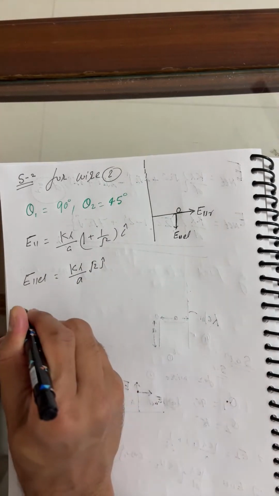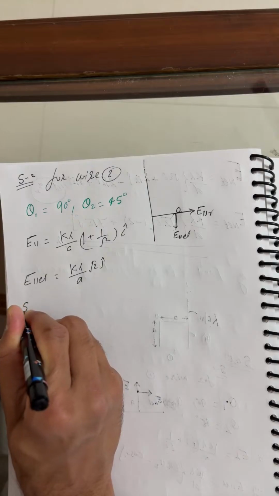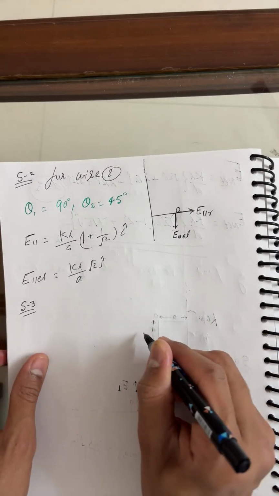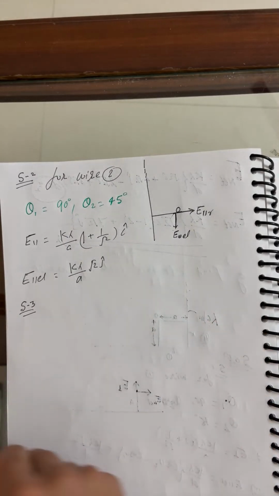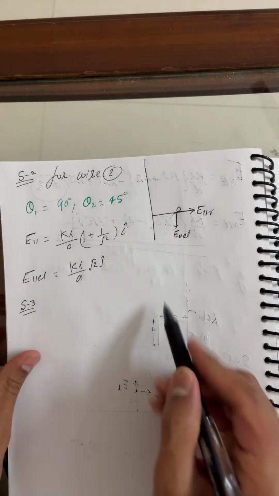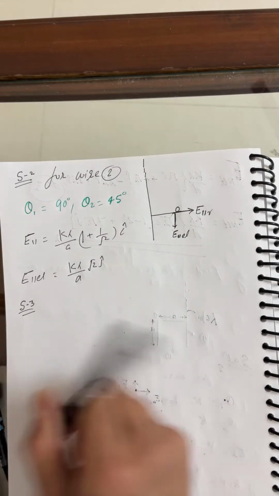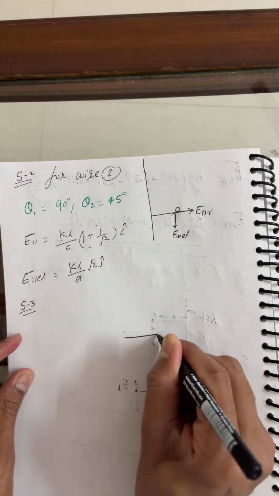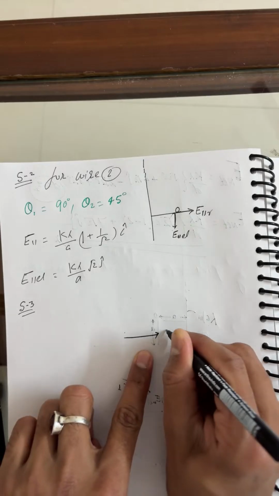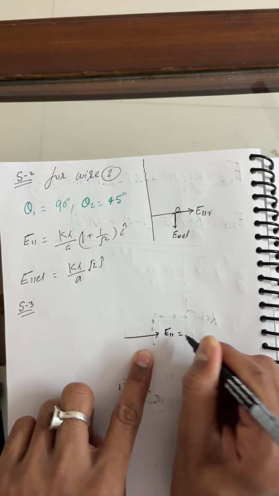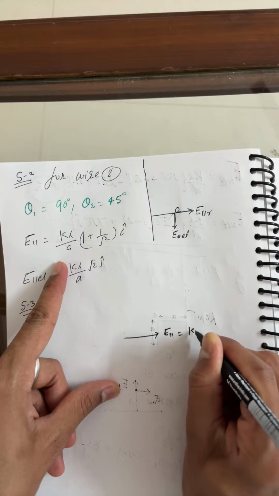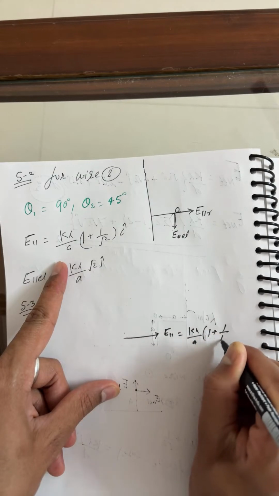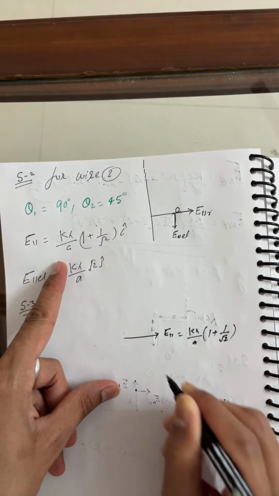I'll make in step 3 one more diagram for the final result. This is E perpendicular for wire 2: K lambda by A, 1 plus 1 by root 2.